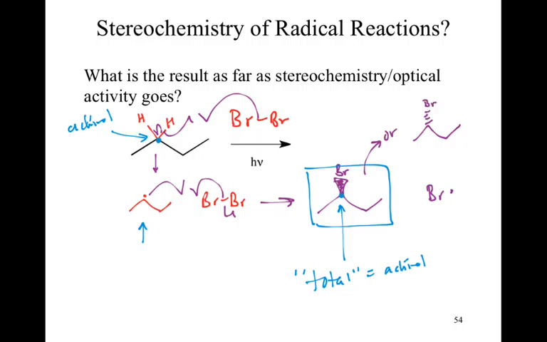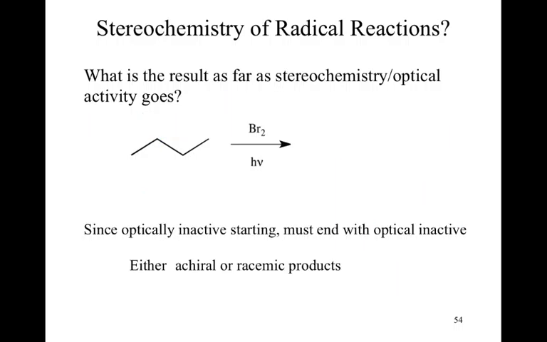Both are equally likely, which means we end up with an achiral product. So no optical activity, even though there is a stereocenter in the molecule. Something that's important to remember when we look at our radicals. So this usually means we're looking at racemic products.